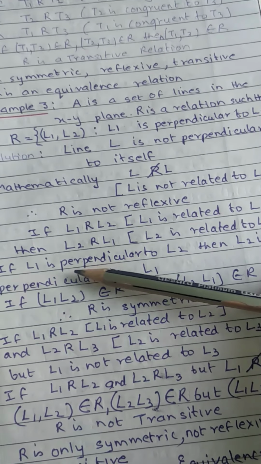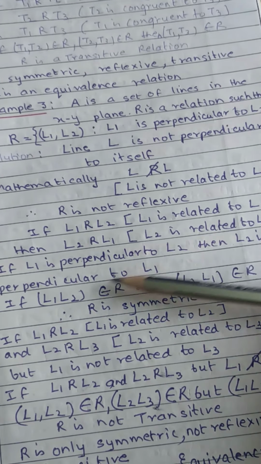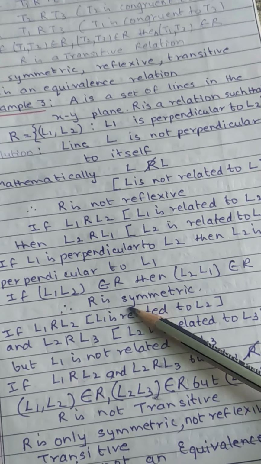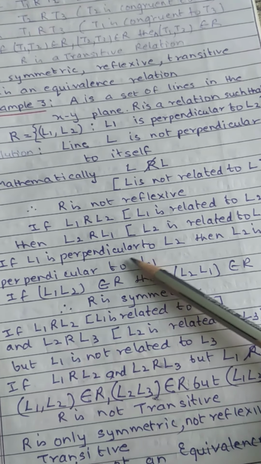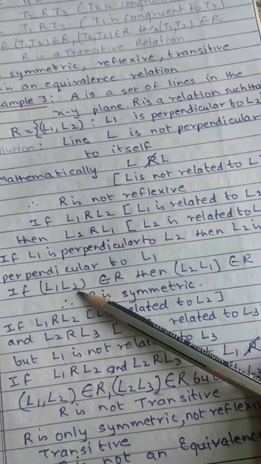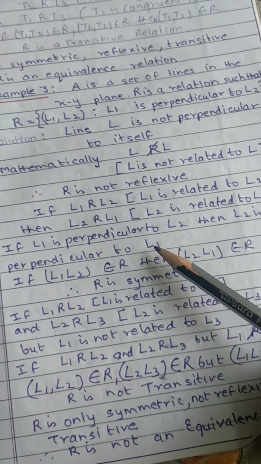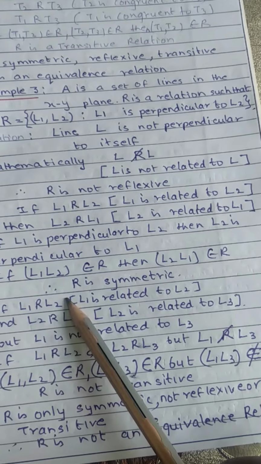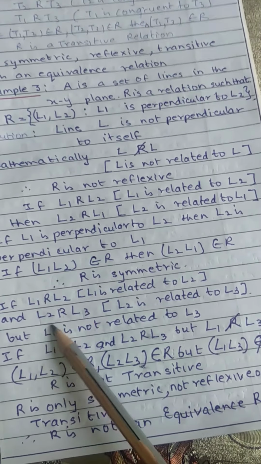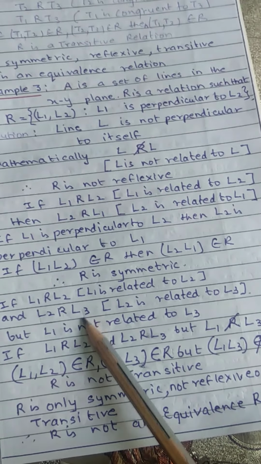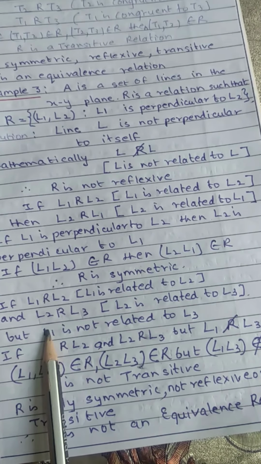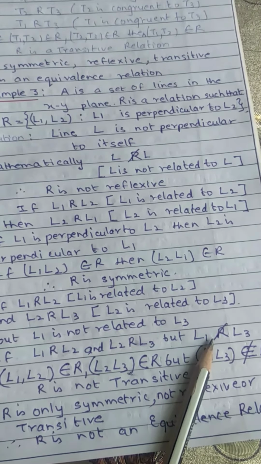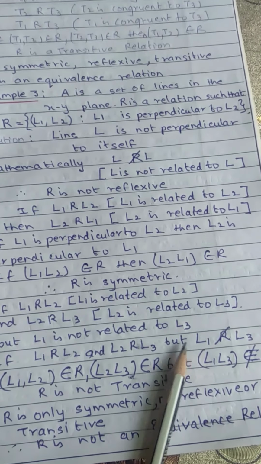Second, if L1 is perpendicular to L2, then L2 is perpendicular to L1. Yes, it is symmetric. L1 related to L2, then L2 is also related to L1. And now the third thing is transitive relation. L1 is perpendicular to L2 and L2 is perpendicular to L3. So what will be the relation between L1 and L3? For this we see this figure which I am showing you.